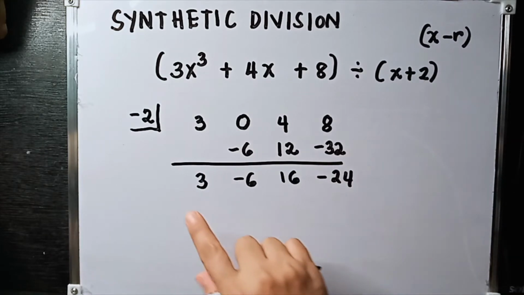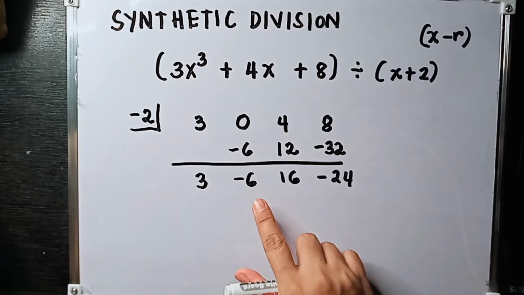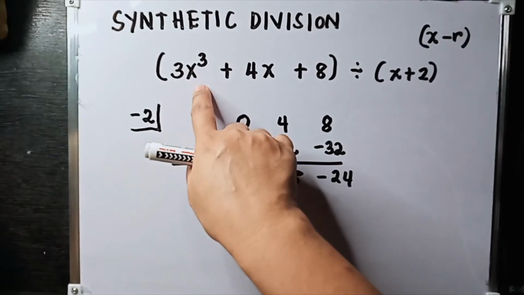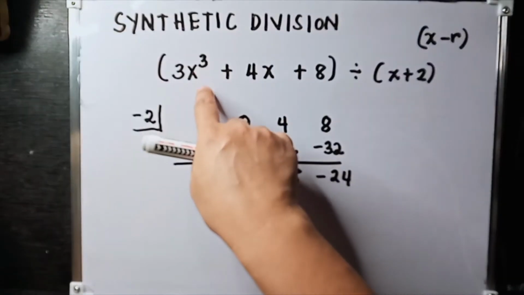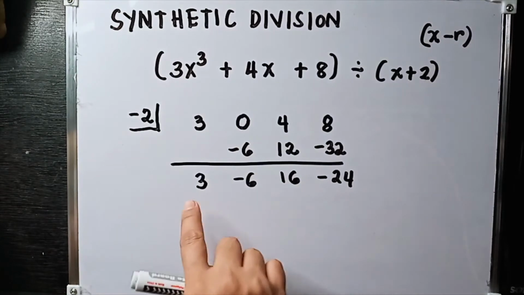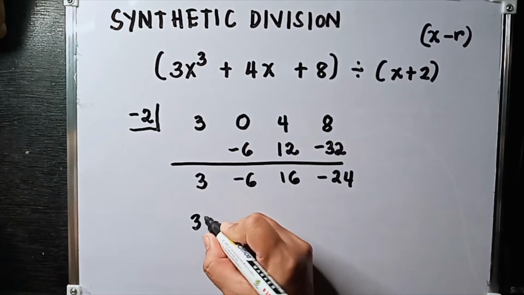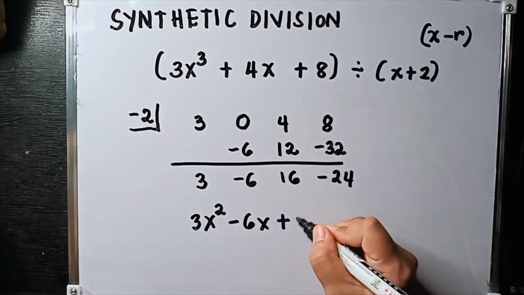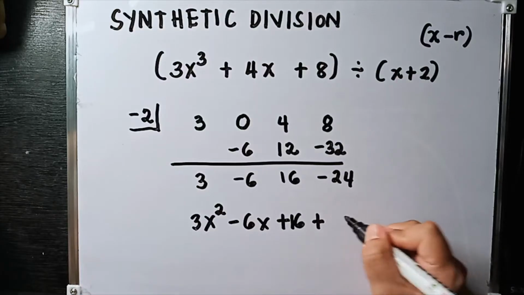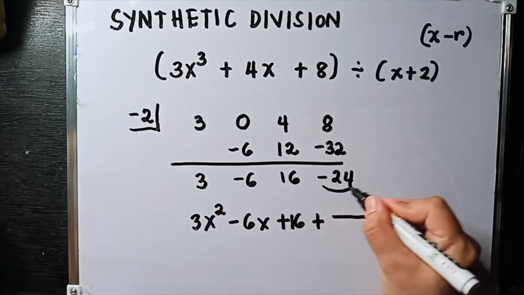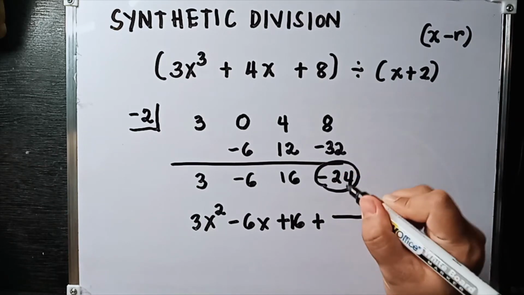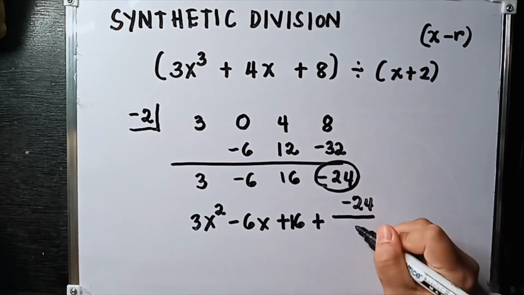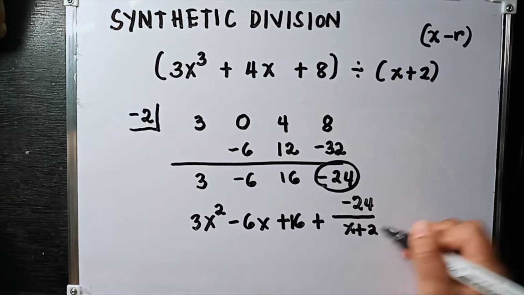In order for us to write the quotient, take note that the degree of the quotient is 1 less than the degree of our dividend. So if our dividend is x raised to 3, it means that our quotient would be 3x squared minus 6x plus 16, plus our last term here, or the coefficient, which is our remainder, negative 24, over the divisor, which is x plus 2.